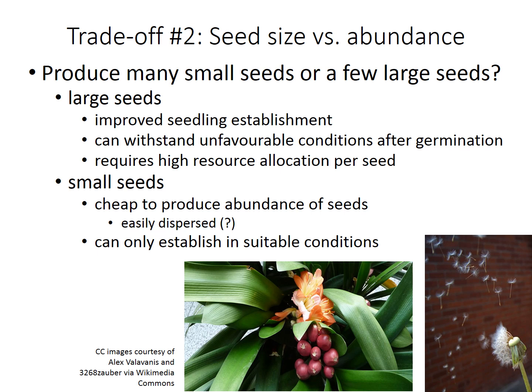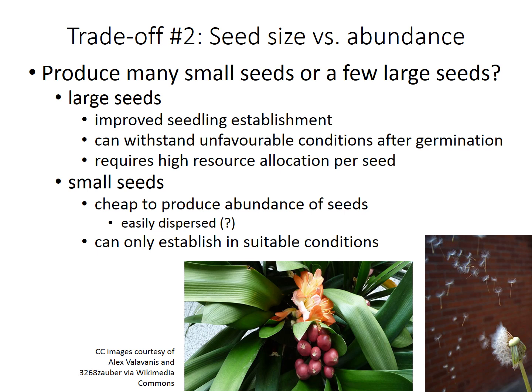However, these small seeds are only able to establish in suitable conditions. So there's a low chance that one individual seed will find suitable conditions, but because so many seeds are produced, the total or the final chance of one of those seeds arriving in suitable conditions can be quite high.